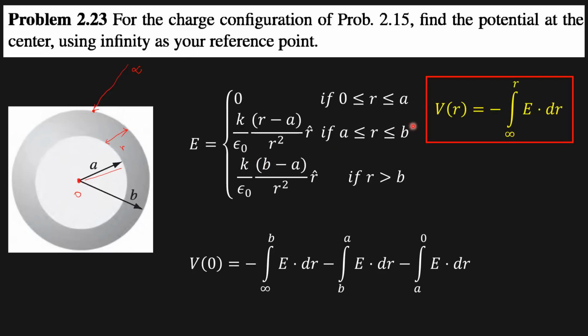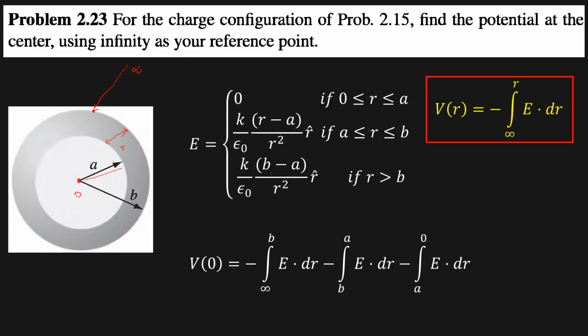By definition, V of r is equal to minus the integral from infinity to r of E dot dl, the potential required to bring a particle from infinite distance to a distance r. So what about V0, the potential at the origin?